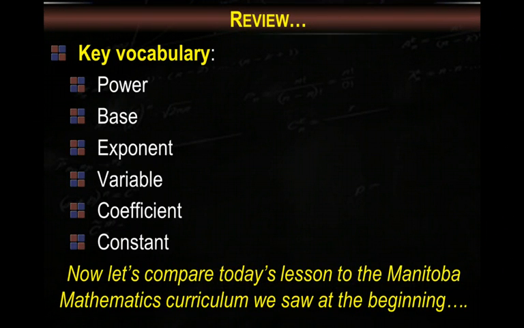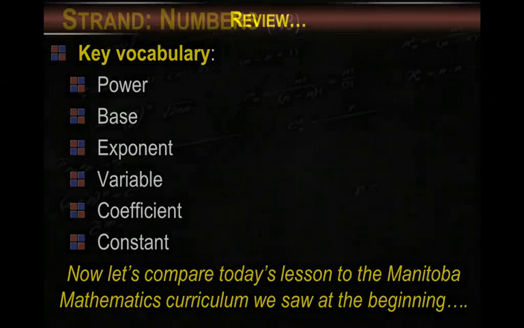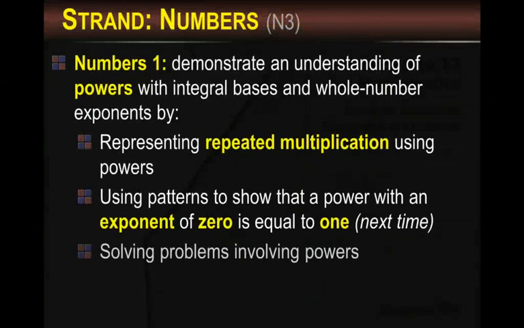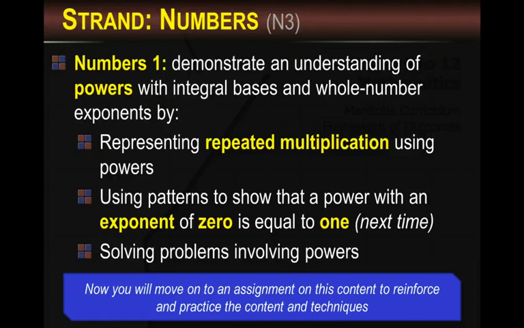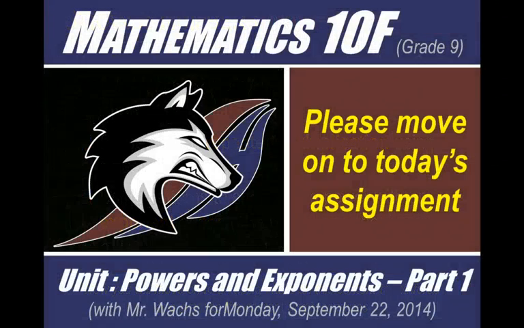These last two, coefficient and constant, I'm not too worried if you don't have those down yet. But for sure you should at least have a concept of the first 4, so that you can address what it says in the math curriculum. And notice again, this one here, we're not going to look at this today. We're not going to look at something equal to 1. We're going to get to that later.